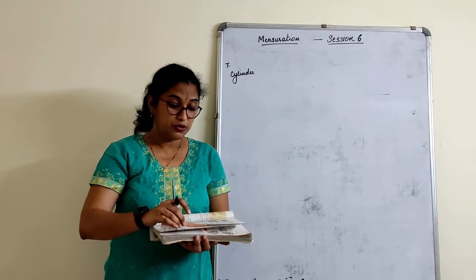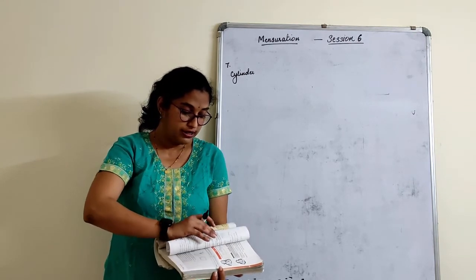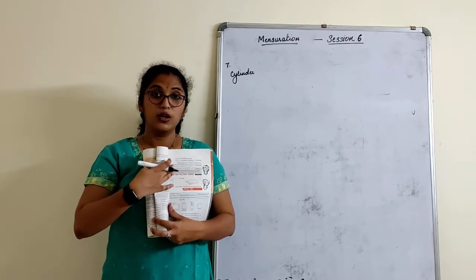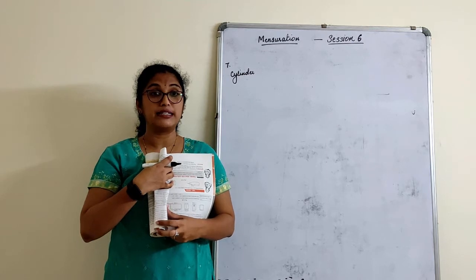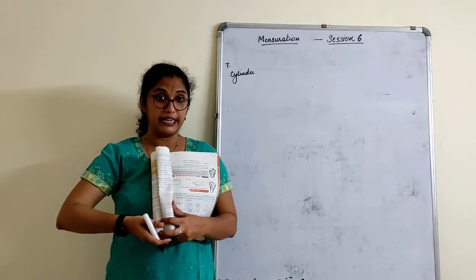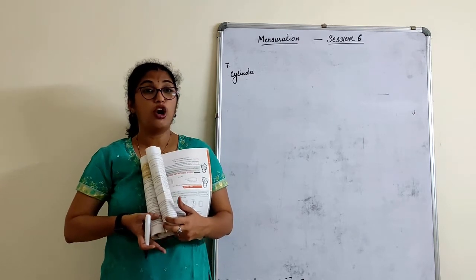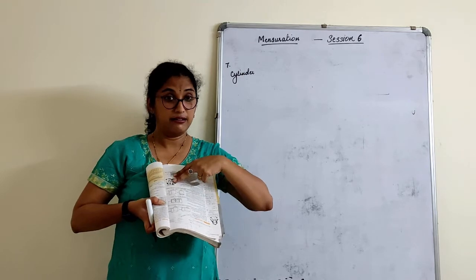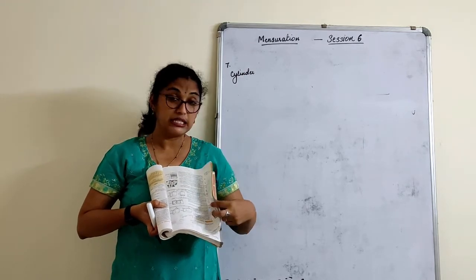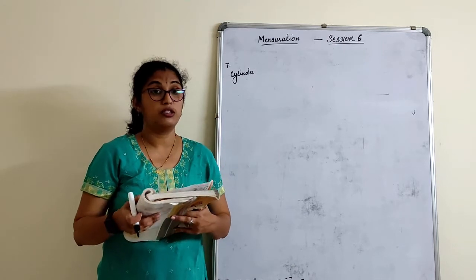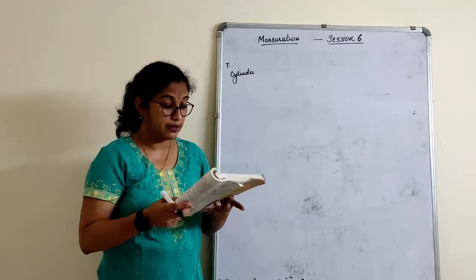Suppose I roll this page, what did I get? When I rolled it, I got a cylinder. Curved surface area, area of top and area of base. So I can always say that the area of a rectangle is equal to the CSA of a cylinder. Is that very clear? Remember this point, we are going to use it in a given sum.